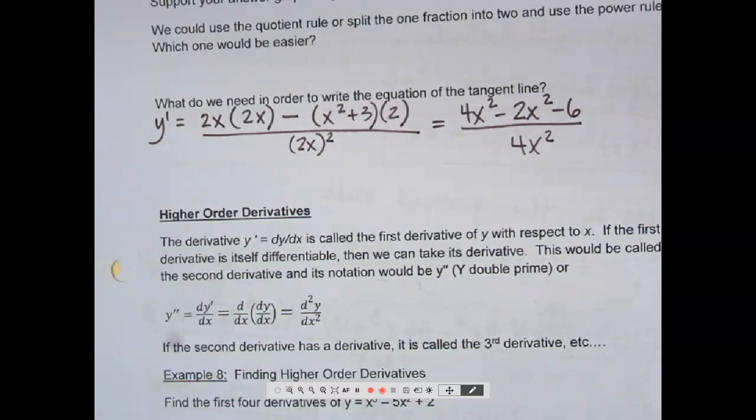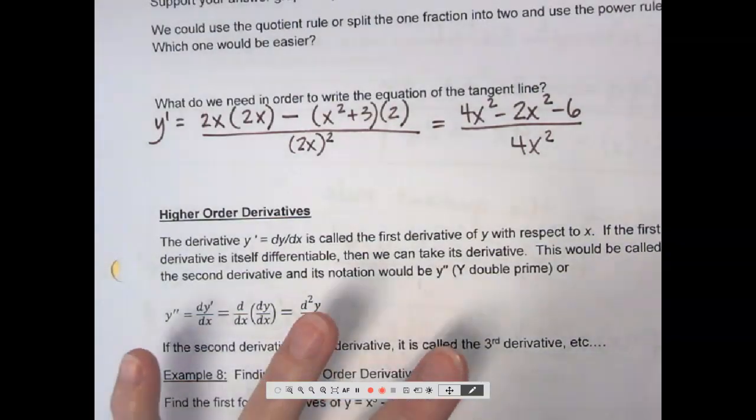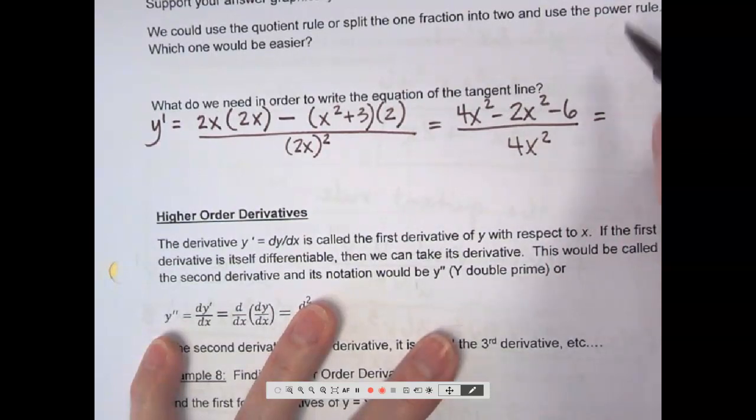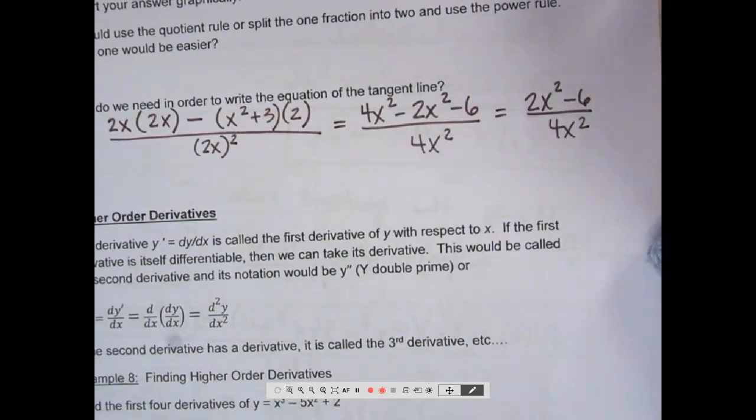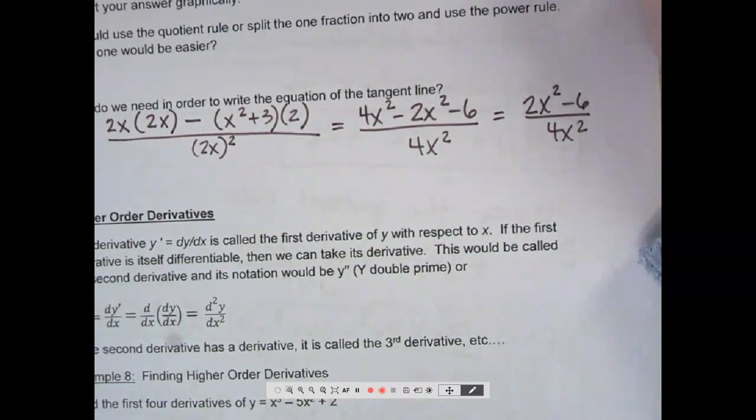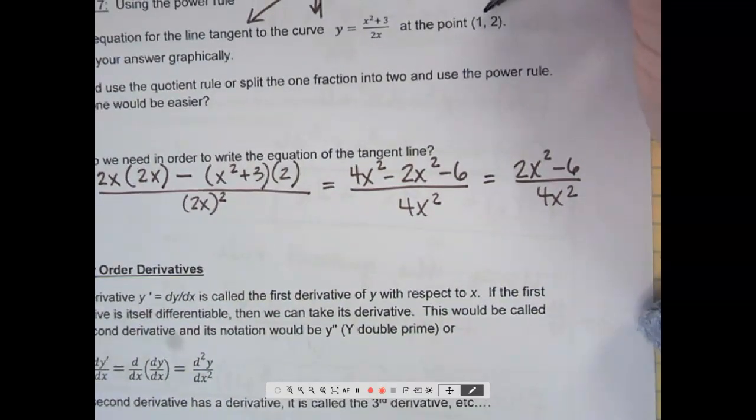No, because I can't factor out a 4x squared from the top. I can simplify. This is 2x squared minus 6 over 4x squared. Now, I could reduce everything by 2. I'm just going to leave it, because what I need to do next is sub in the x value. I'm interested in the slope at this point (1, 2).